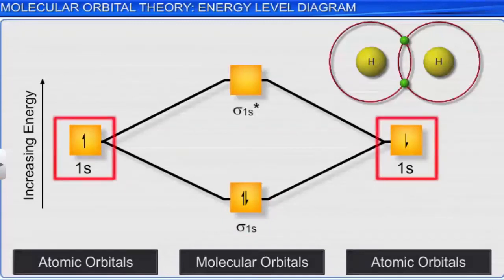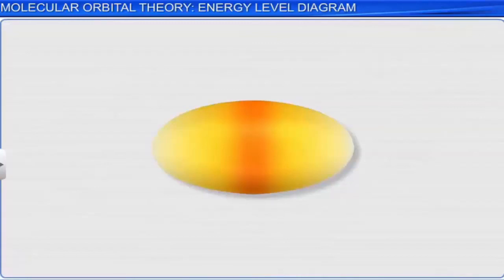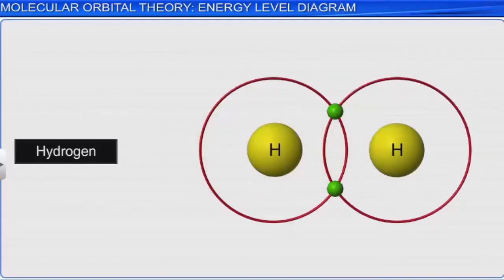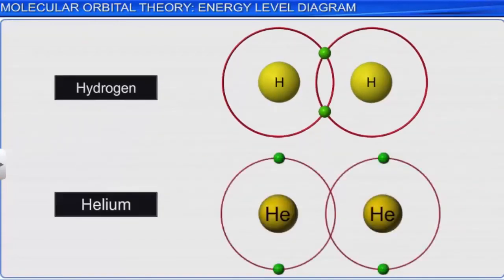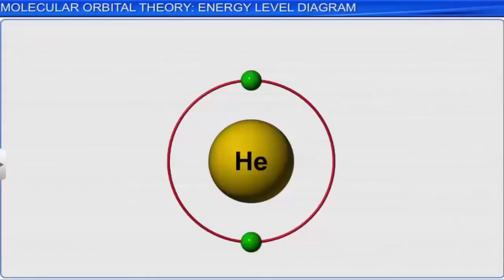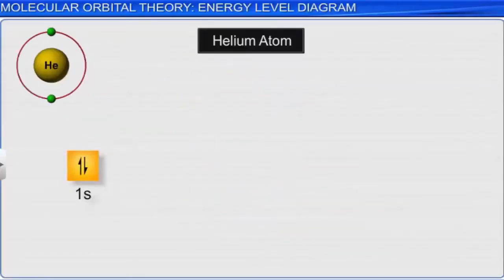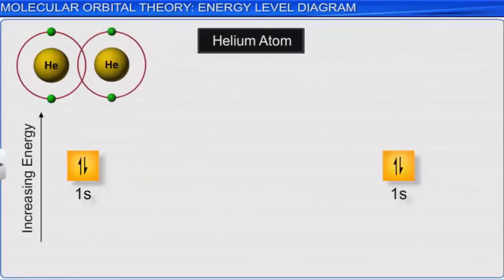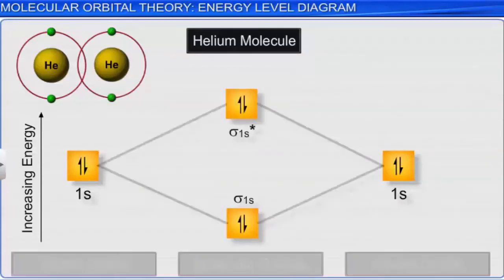Molecular orbitals not only help us determine the stability of molecules such as hydrogen, they also help us understand why certain molecules such as the helium diatomic molecule do not exist in nature. You see, a helium atom has 2 electrons in its 1s orbital. When 2 helium atoms come together to form a molecule, the 4 electrons would be distributed across both sigma bonding and sigma star antibonding molecular orbitals.